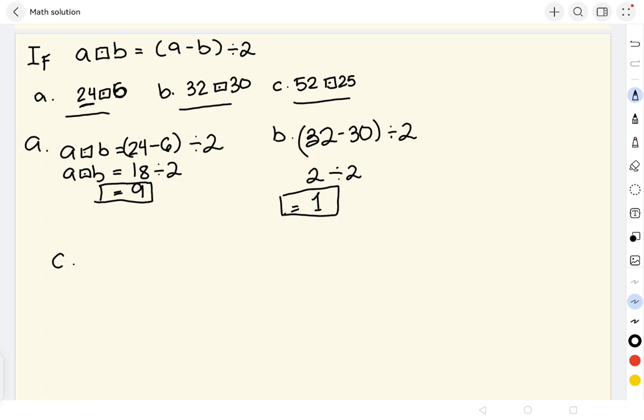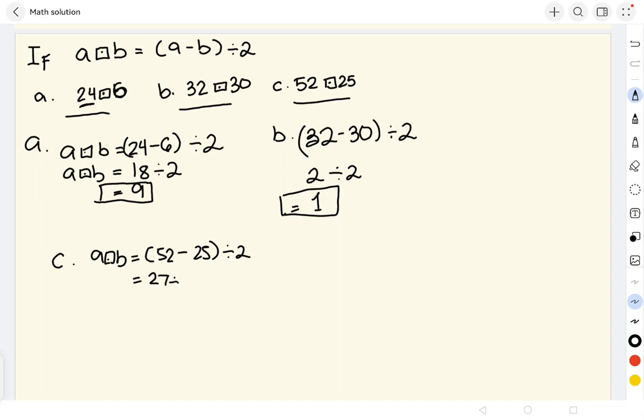For C, A and B upstairs is equals to 52 minus 25 divided by 2. So 52 minus 25 is equals to 27.